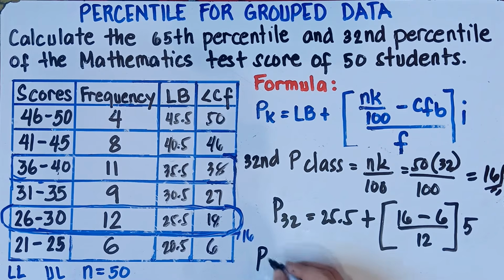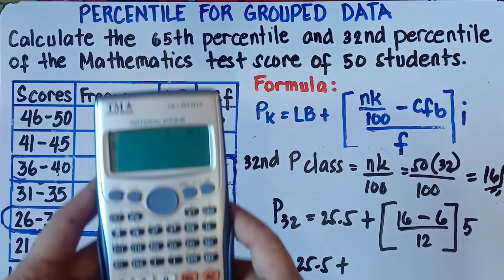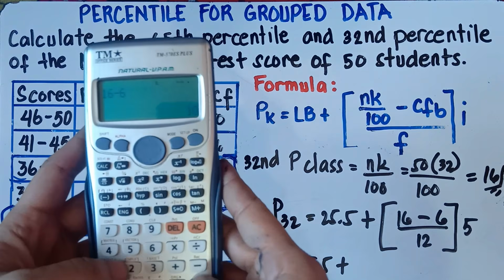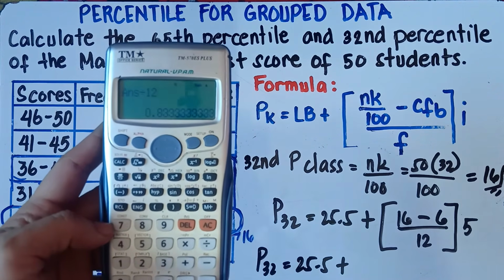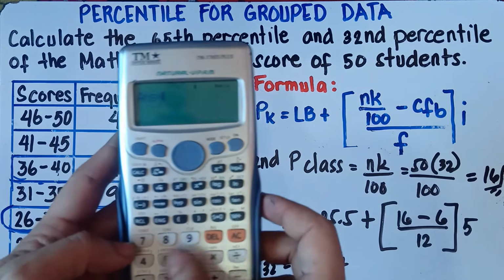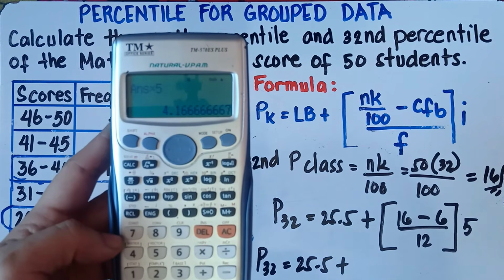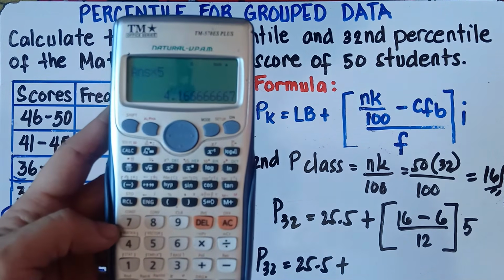So P sub 32 equals 25.5 plus, we simply use the calculator, 16 minus 6, that is 10, divide by 12, so you will have 0.8333, multiply it by 5, so you will have 4.16666.